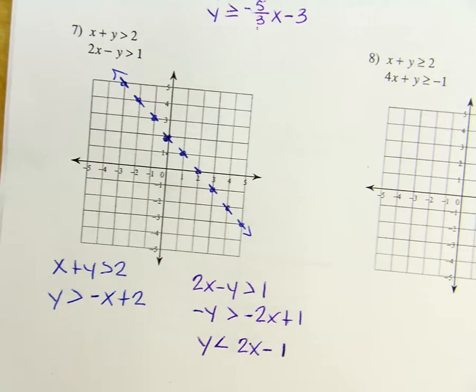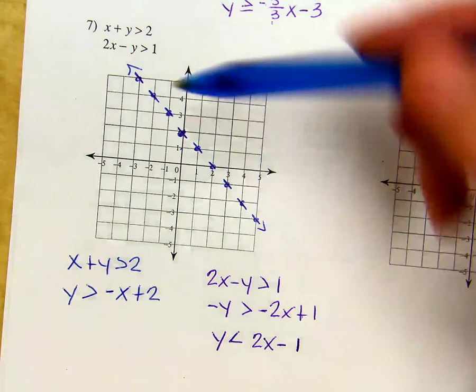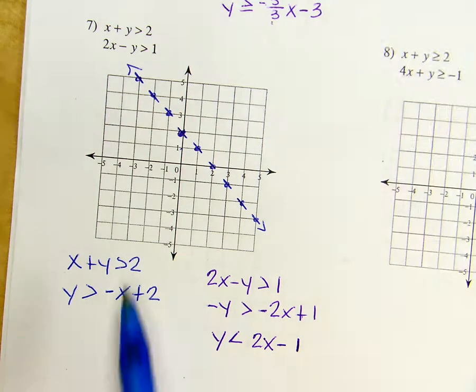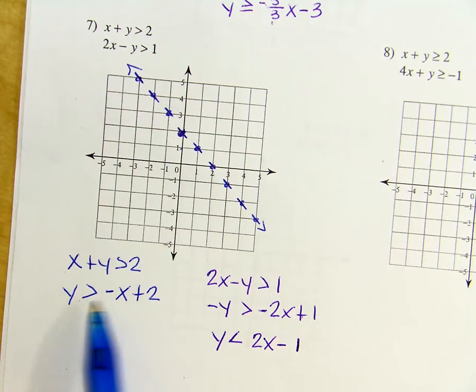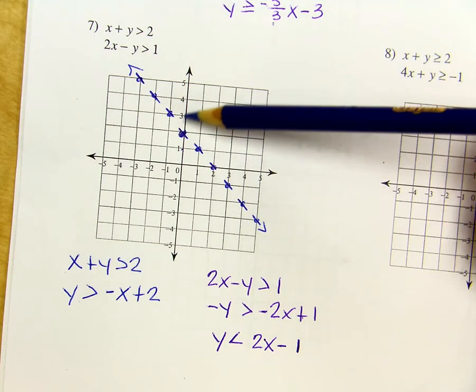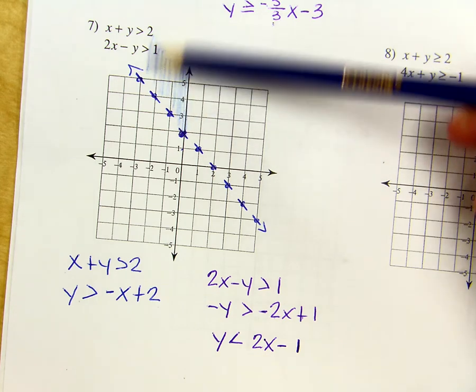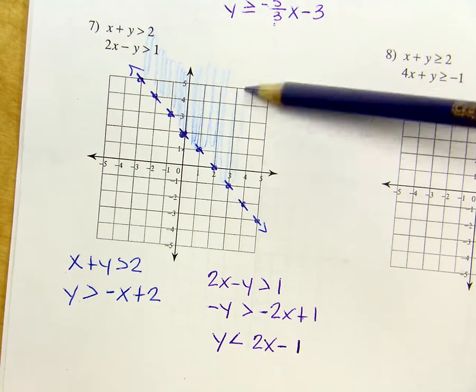You can still see that they are connected. So here we have y is greater than negative x plus 2. We've got the line graphed correctly. Now we need values of y that are greater than this line. So those are going to be things on the y-axis that are bigger than 2. So that's going up this direction here. So we'll just shade in this area here.